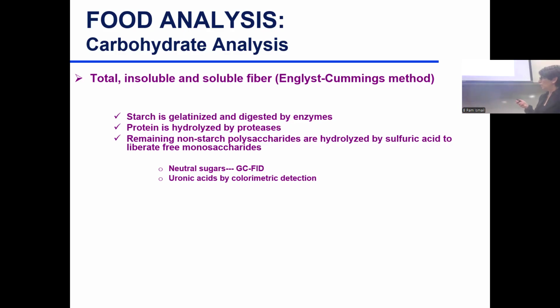For all the neutral sugars, that means not the galacturonic acids, we can determine their composition using GC-FID. And uronic acid in particular, we follow a specific method for it, because uronic acid is part of the pectin, by colorimetric detection.